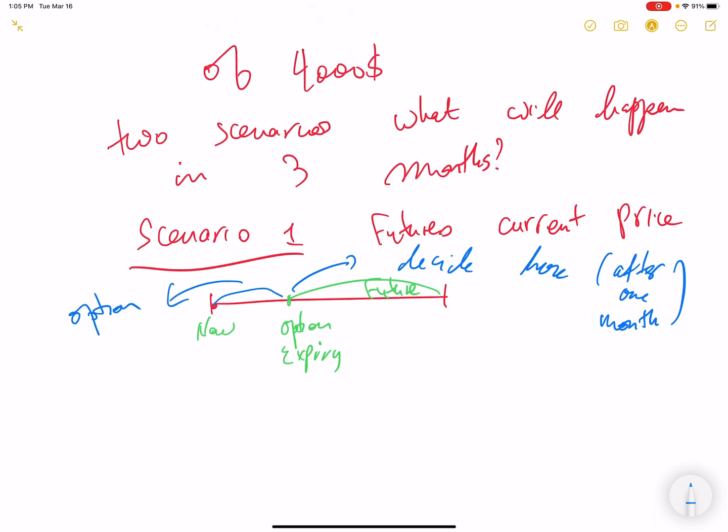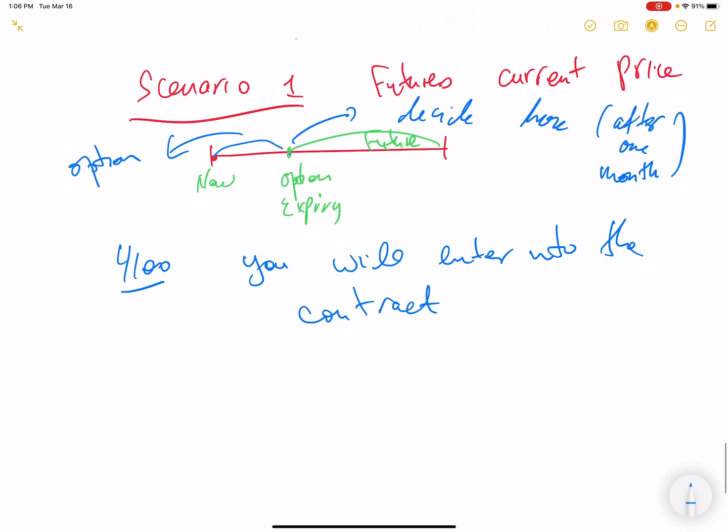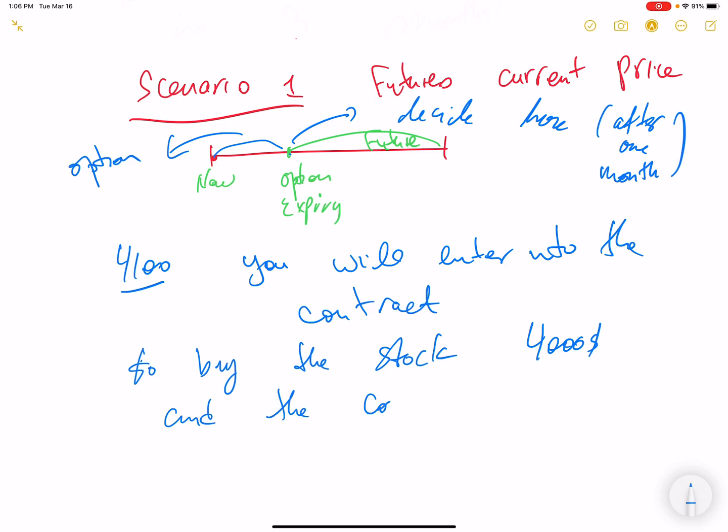So if in 3 months the price of the future that you observe in the market is, let's say, 4,100, you will enter into the contract. Why? Because you will enter into a contract to buy at $4,000, and the price that you observe is 4,100.